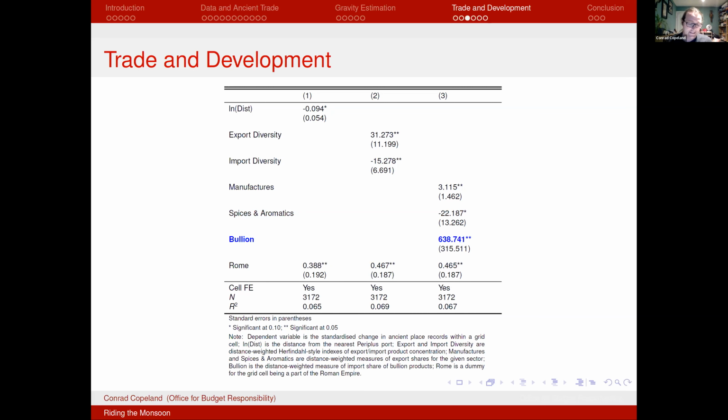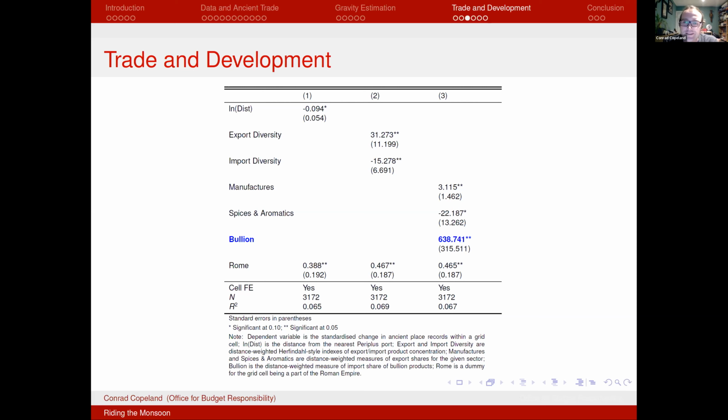Bullion is significant, and large. And so it's Pliny's idea that, he complained, as did many others, of 100 million sesterces going to make the kings of India rich at the expense of Rome, and its extravagant tastes and all that sort of thing.